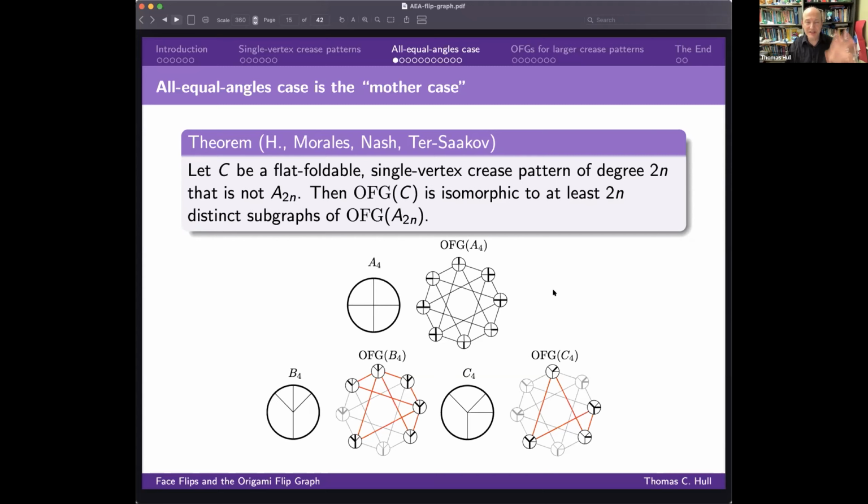If we can think of the single vertex case as some kind of fundamental building block here, or as you say, a terminal object, then there might be a way of looking at this stuff categorically. I don't think we're there yet. There's a lot of nitty-gritty details that we don't understand yet, but it would be nice if we could put valid flat origami mountain valley assignments into a bigger mathematical theory. I would love that, and I would love for this to go in that direction, but we'll see.